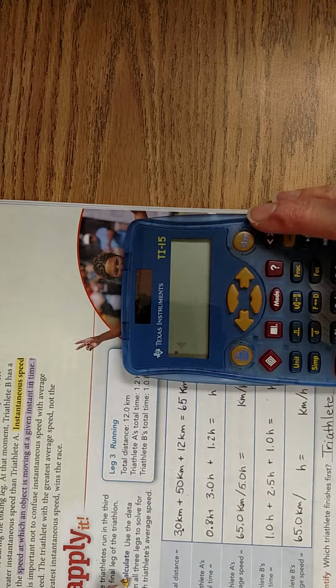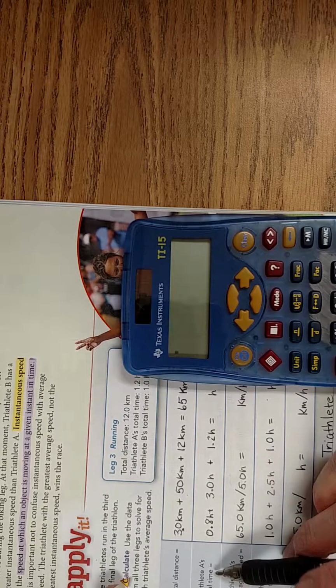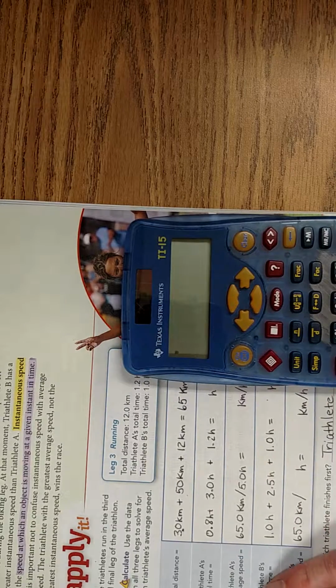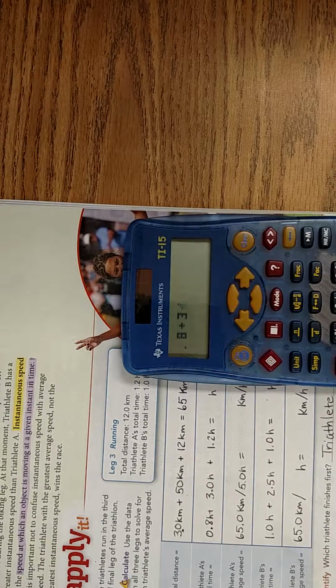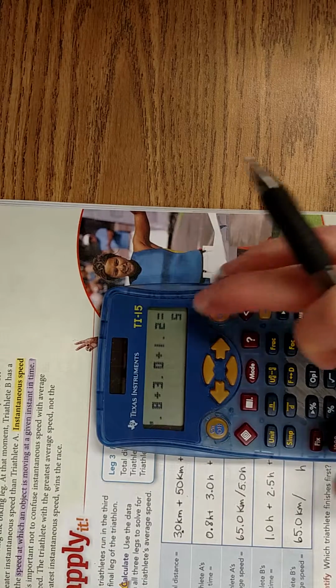We're going to clear. And now we're going to go to what is triathlete A's total time. Looking back, we want all of the parts of their time. So it's 0.8 plus 3.0 plus 1.2, and that equals a total of 5.